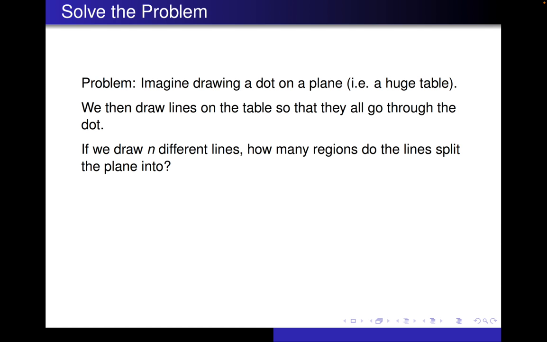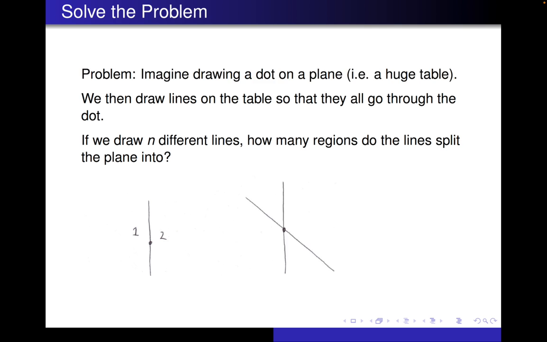Let's see what we mean by looking at a couple of examples. Here's what happens when we have one line, and you see that little dot in the middle. You have a region on the left and a region on the right. One line splits the plane into two different regions. Now, if we had two different lines, again, both lines go through that same dot.